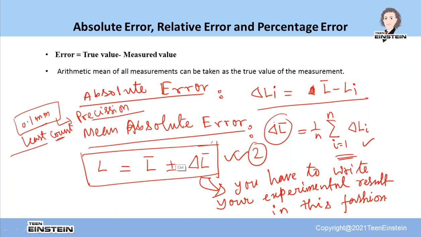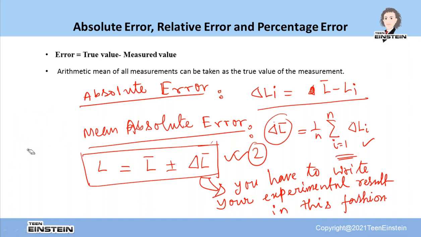In various experiments, you have to find out what the sources of error are, and what the absolute error is for that source. When you know the error, then you write plus or minus that error along with your true value, or whatever average value of the measured value you have got.